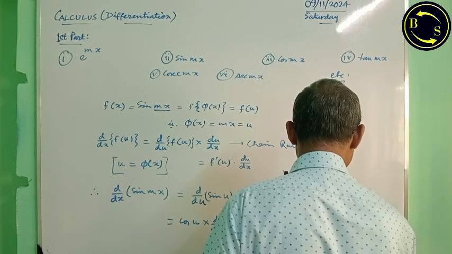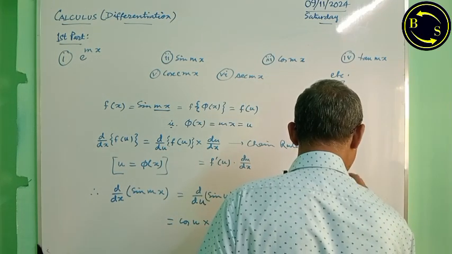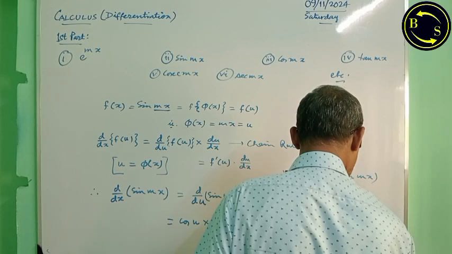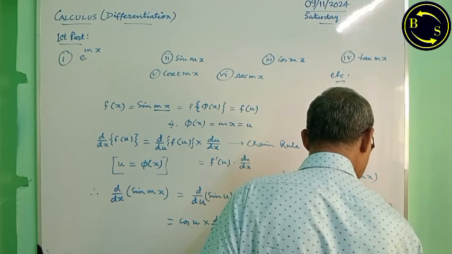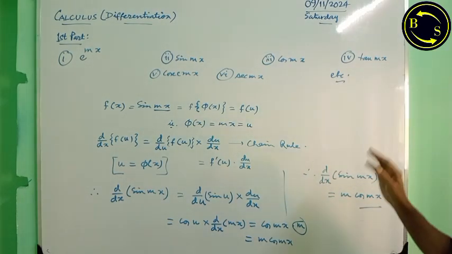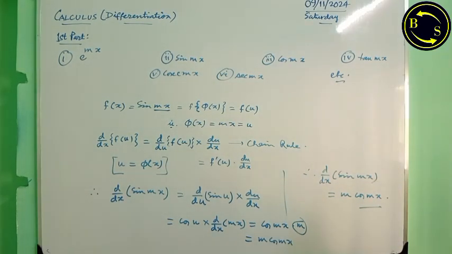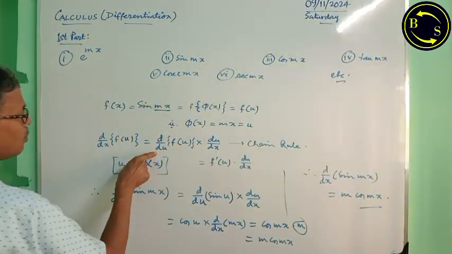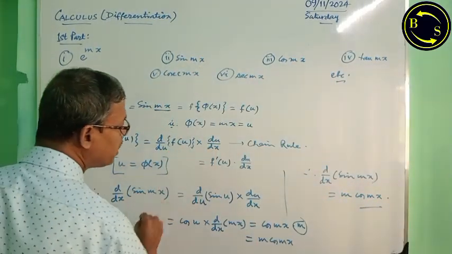Therefore, d/dx of sin mx is equal to m cos mx. This is actually the chain rule. Applying chain rule, we get this one. Try to remember like this: d/dx of f(u) is equal to d/du of f(u) into du/dx.